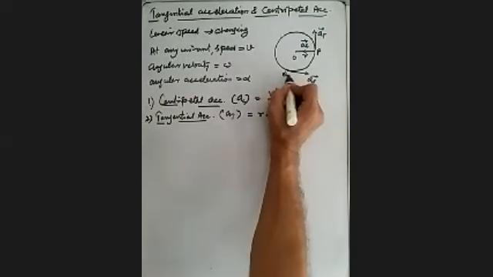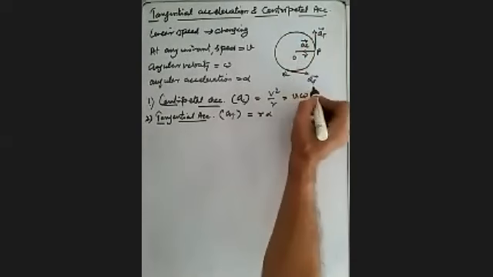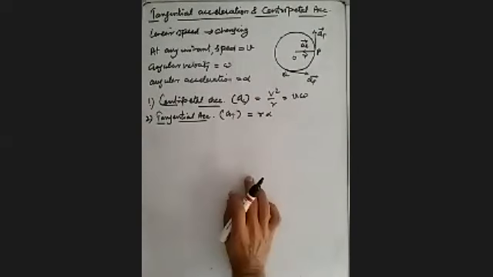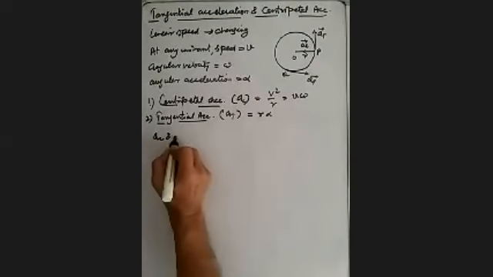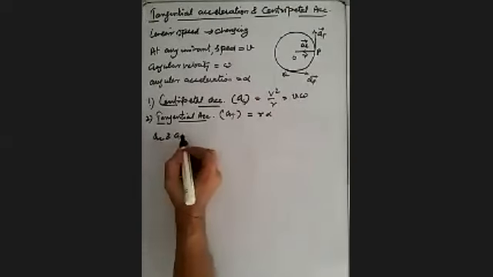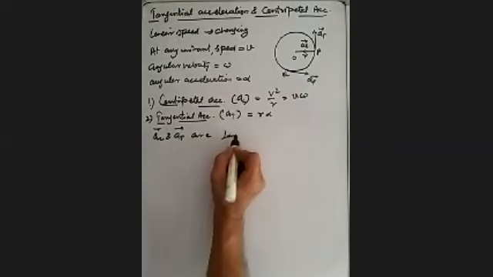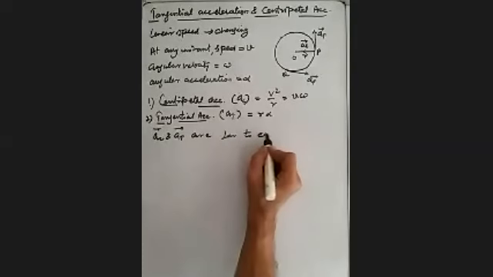Similarly, at different positions, the tangential acceleration will always be along the tangent to the path at that point. Now AC and AT, these accelerations are perpendicular to each other at every point.